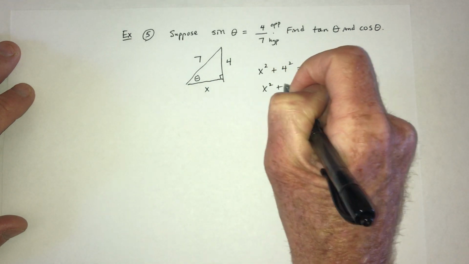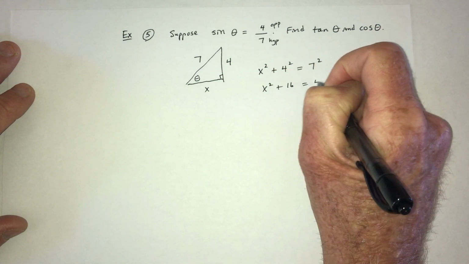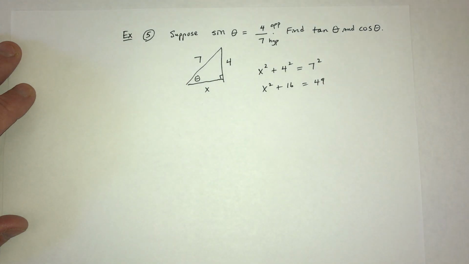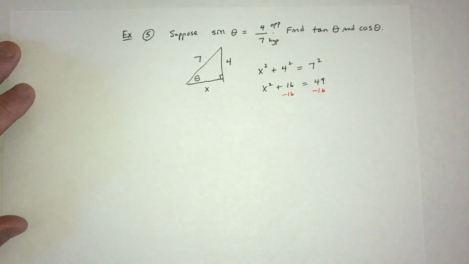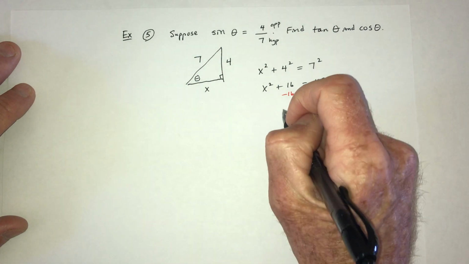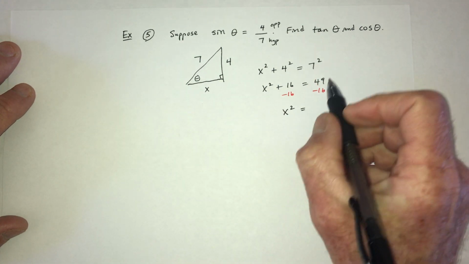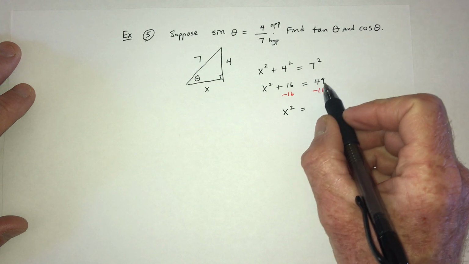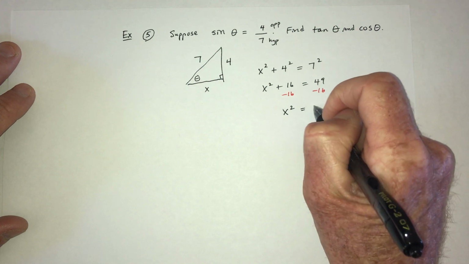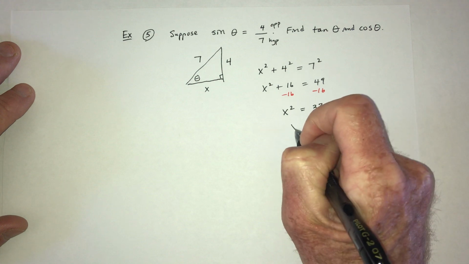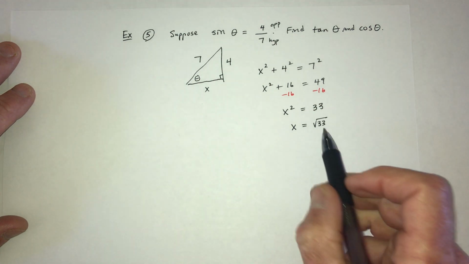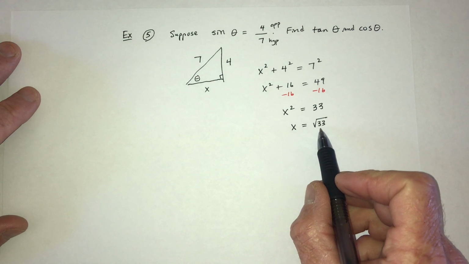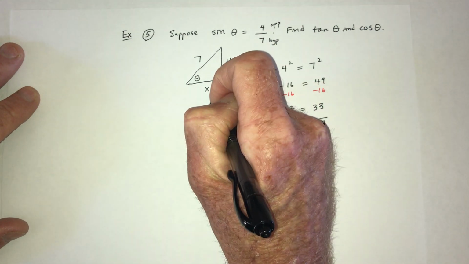So x squared plus 16 equals 49. And then subtract 16 from both sides. So x squared is equal to 33. And then x is equal to the square root of 33. And the square root of 33 can't be simplified anymore, so it stays like that.